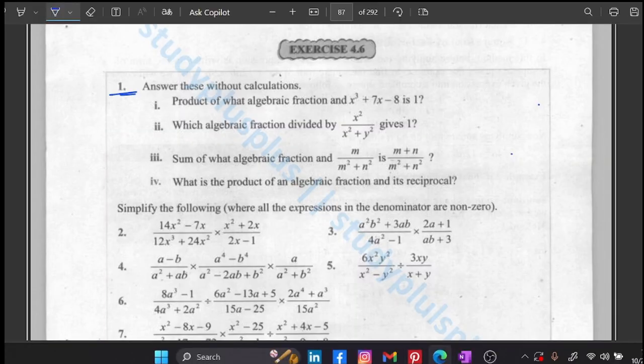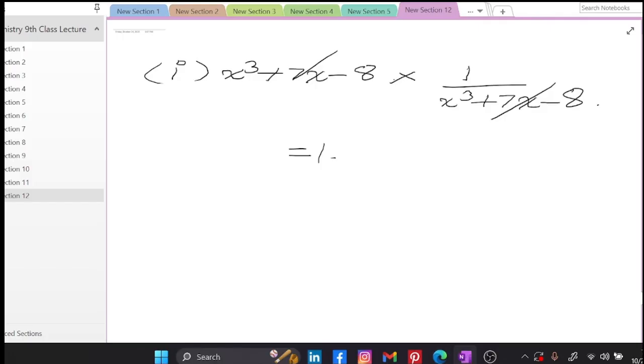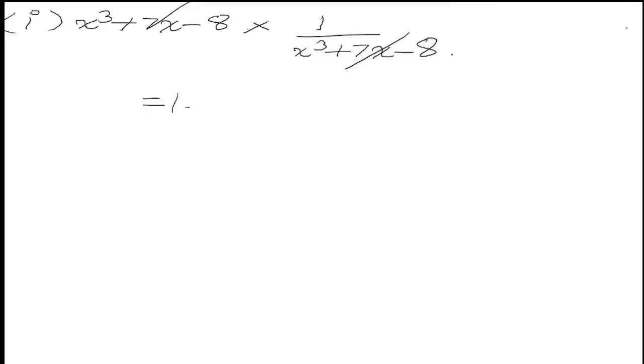Now, let's move on to part 2. Part 2 says which algebraic fraction divided by x square over x square plus y square gives 1. So this is the same as the first part. We have x square divided by x square plus y square. What algebraic fraction will we divide this by such that our answer will be 1?